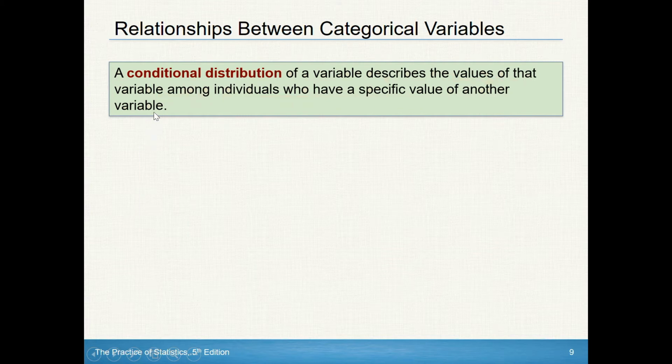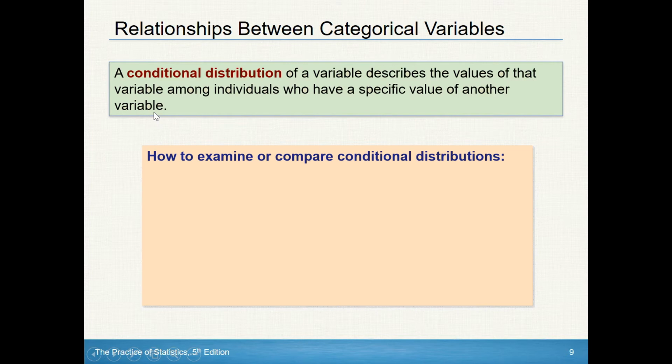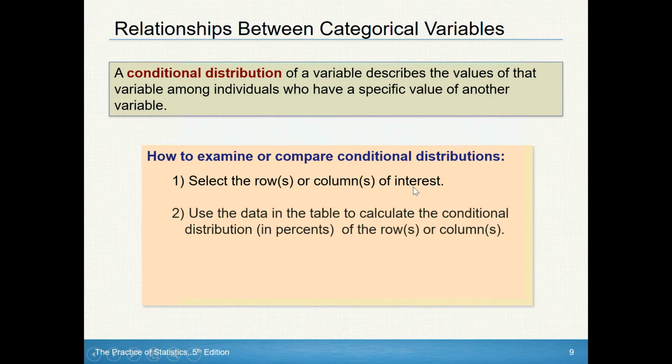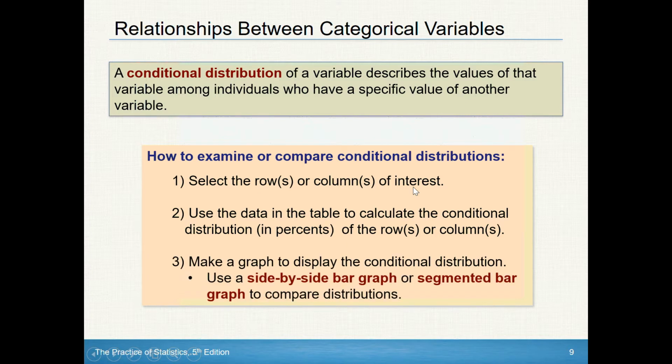Sounds confusing, but basically we're going to take one of the values of one of the categorical variables and just find those percentages. So we select the row or column of interest. Then we use the data in the table to calculate the conditional distribution, again in percents, of that row or column. And then we make a graph to display the conditional distribution.